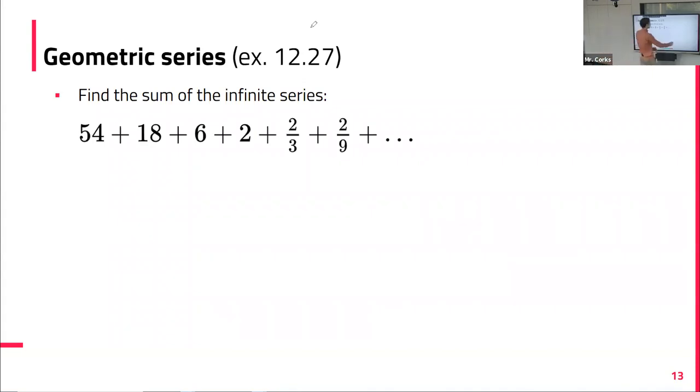Say 1 over 9. The sum is 54 plus 18 plus 6 plus more. I think it's going to have to be a lot bigger than 1 over 9.